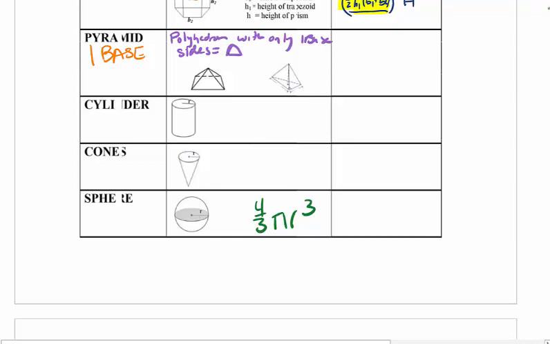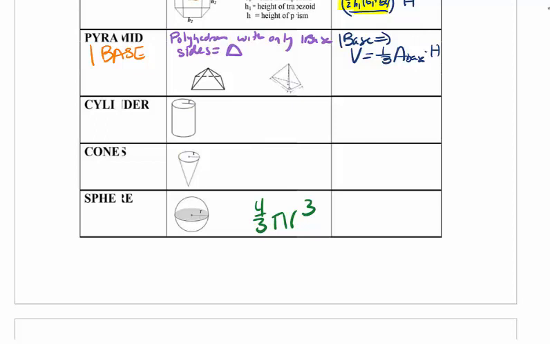One base is the key here. So if we only have one base, that means volume equals 1/3 area of the base times the height. And the height will be the distance from the base to the apex. The apex is that point that it comes to.